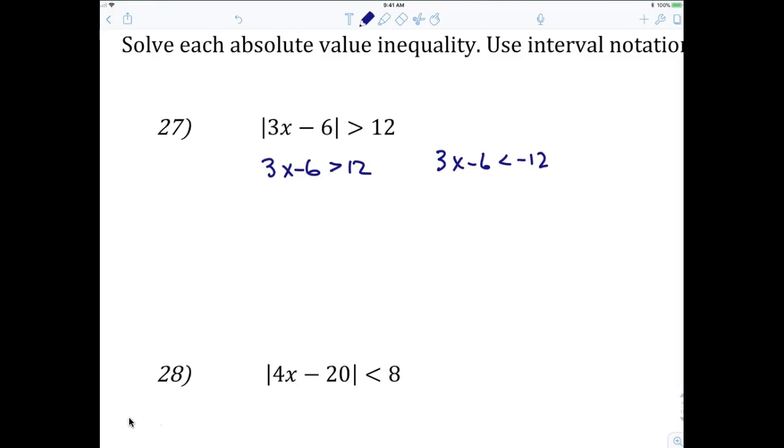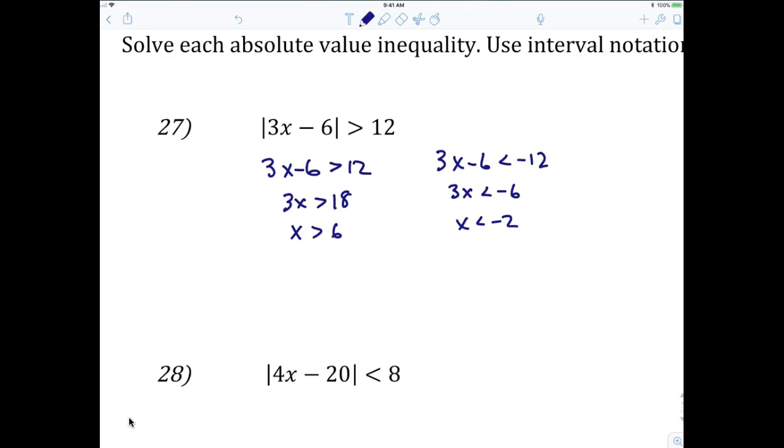Make that note. All right, so now when we solve this out, 3x is greater than, so x is greater than 6. Over here, 3x is less than, so x is less than -2. So if you're greater than 6, or you are less than -2, right?